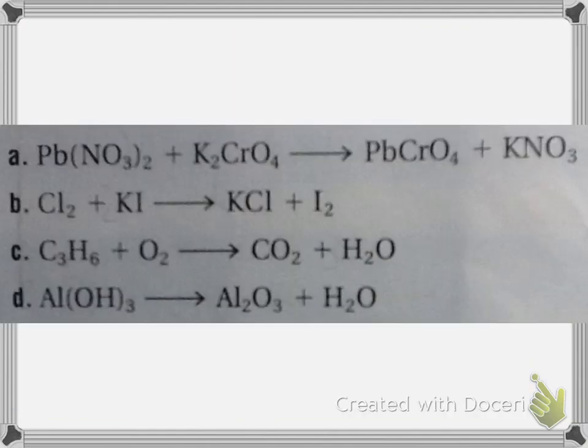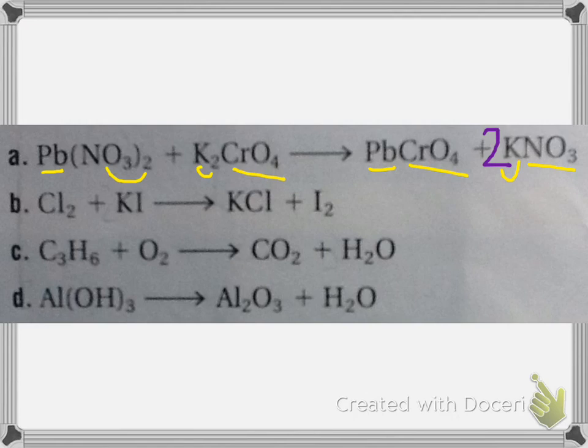All right, so balancing these, one lead, two nitrates, one nitrate, so I need a coefficient of 2 in front of potassium nitrate. Two potassiums, one chromate.